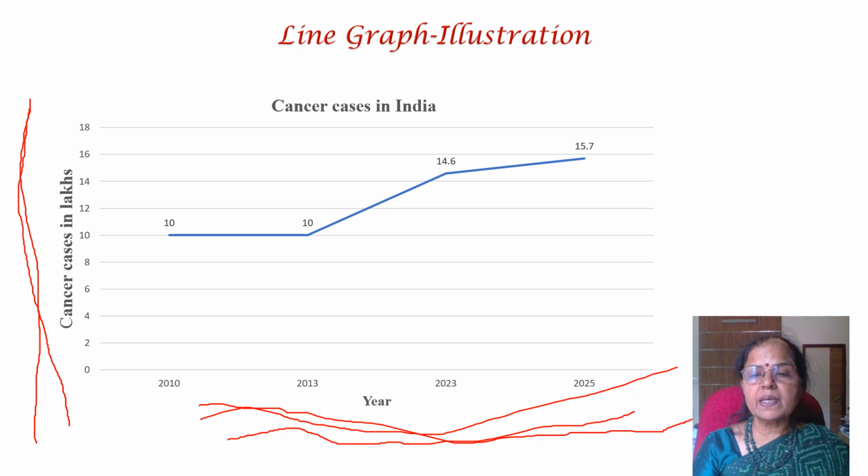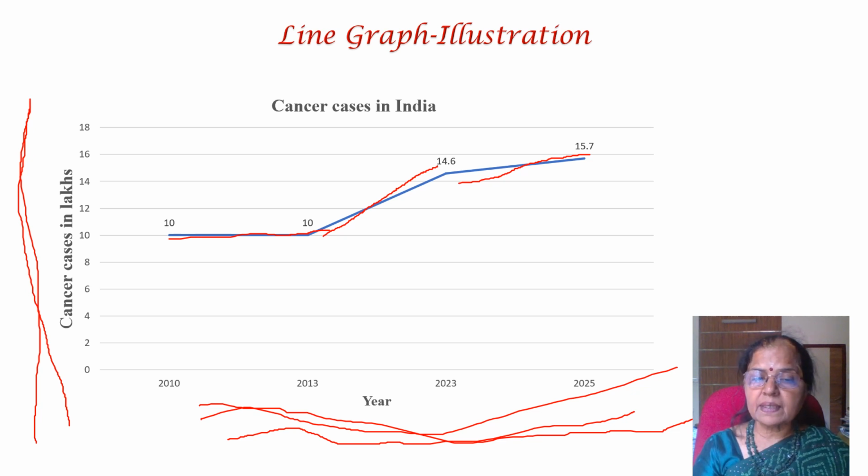And as you see here in the graph, look at the shape of the line. Between 2010 and 13, these 2 points, 10, 10, it is horizontal, indicating no change. Here also it is 10 and here also it is 10. The line is horizontal. And here there is a slope, and this slope is steeper than this one. This is almost horizontal.